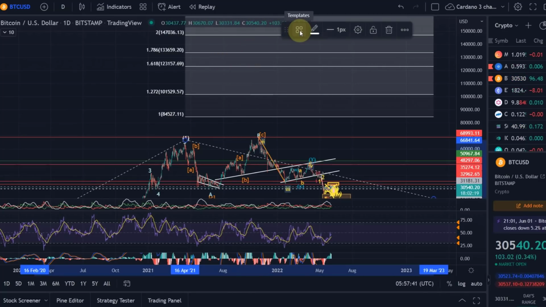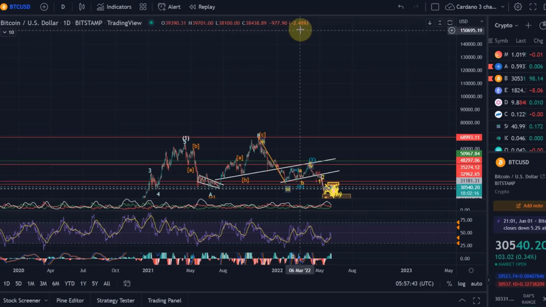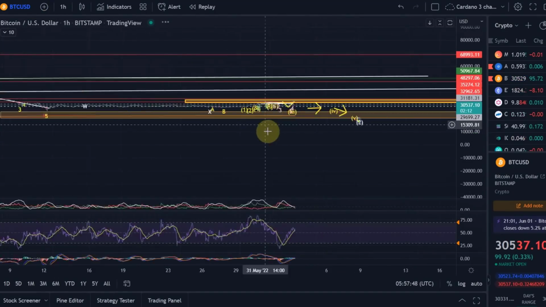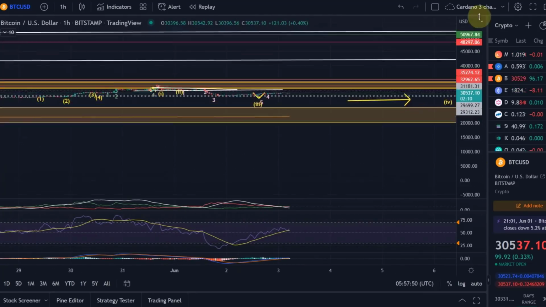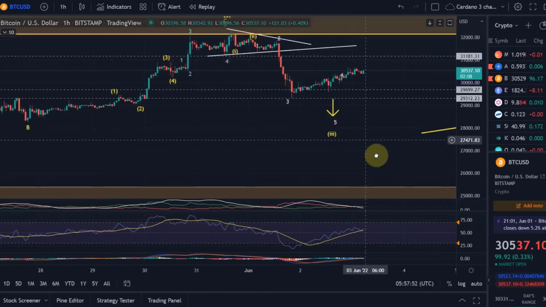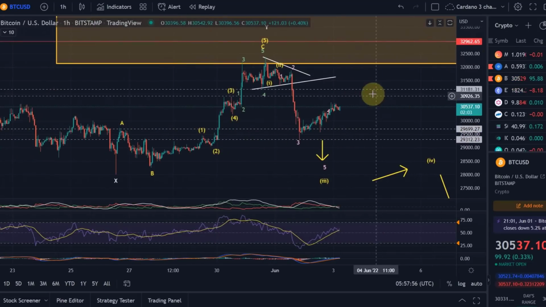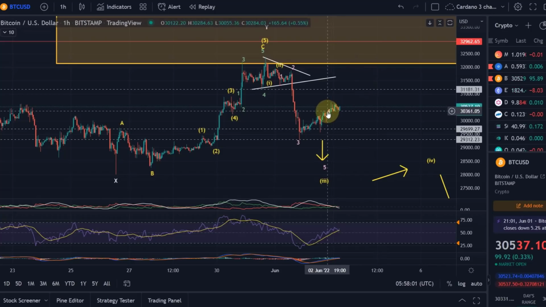Okay, let's take a look at the lower time frame Elliott Wave count. Let's go into the hourly chart here and adjust it a little bit. Not too much news since my last video, but it's currently still adhering to that wave 4 Elliott Wave count.